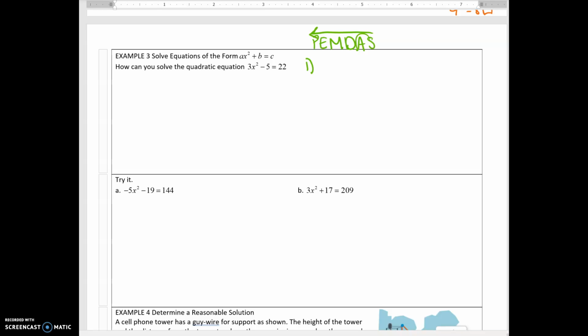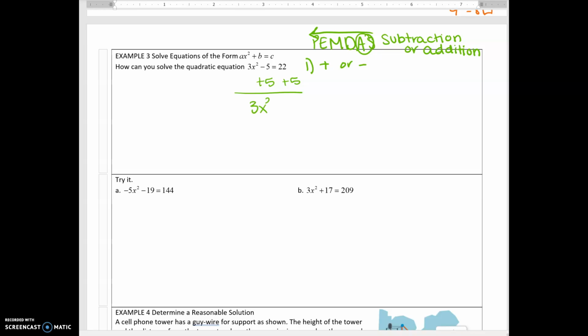So you're going to start with the subtraction or addition first. So we're going to deal with addition or subtraction.